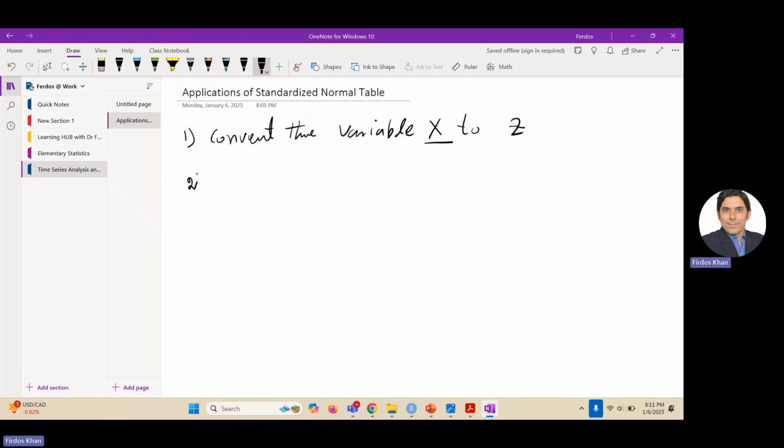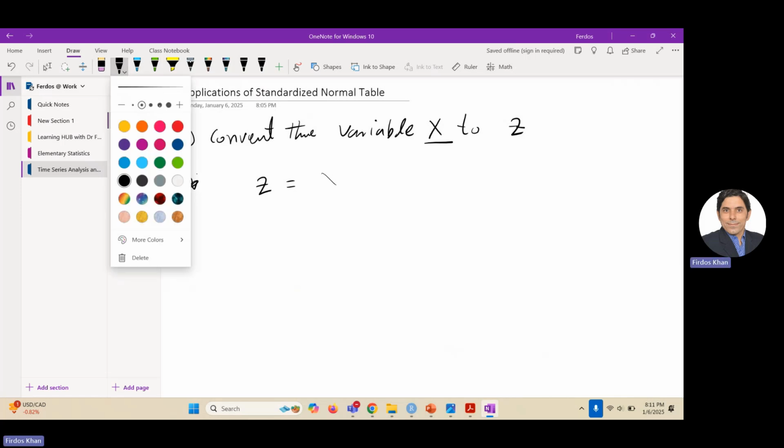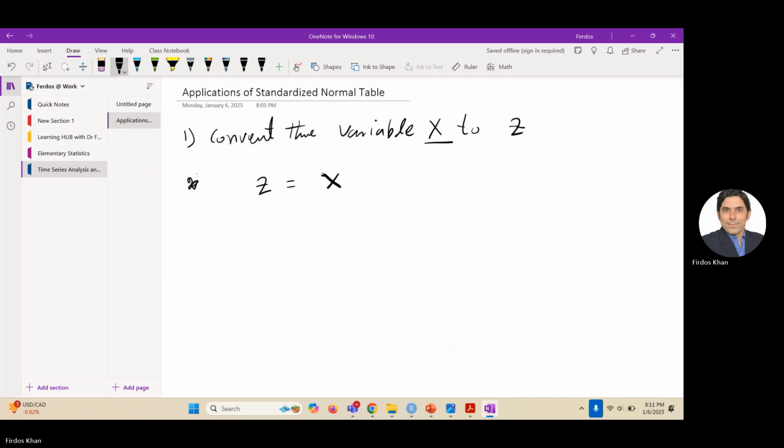Okay, the first one, let's do this. Z is equal to x minus... this should not be, we can remove this by using this option.